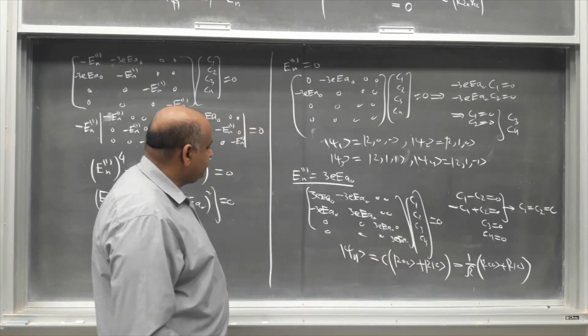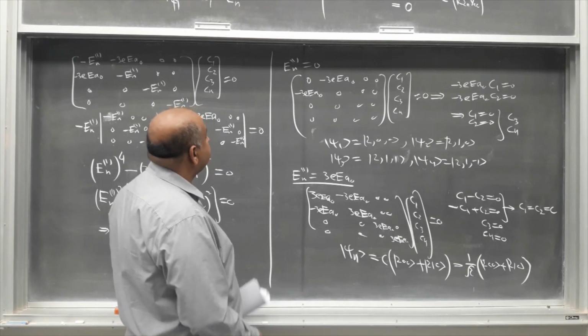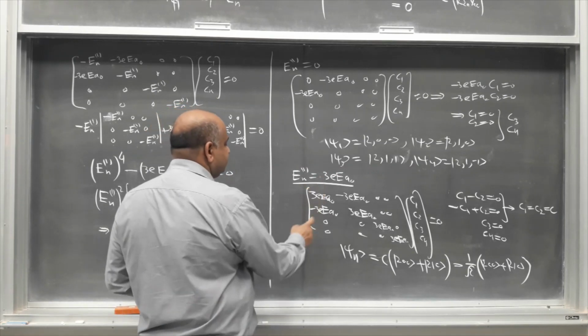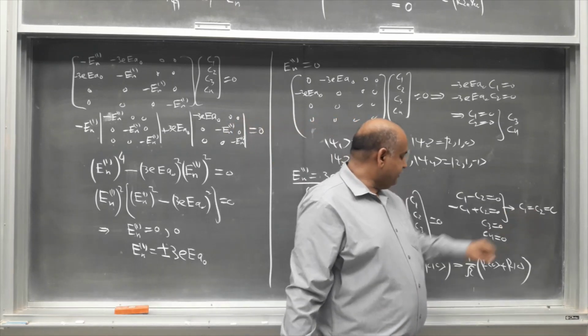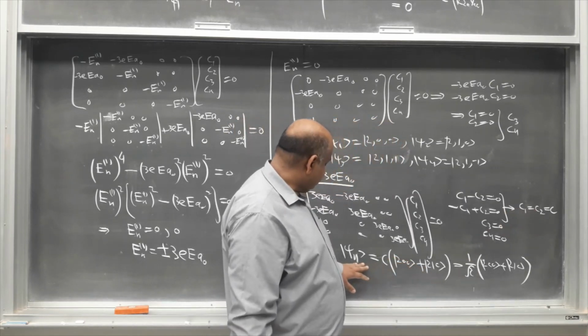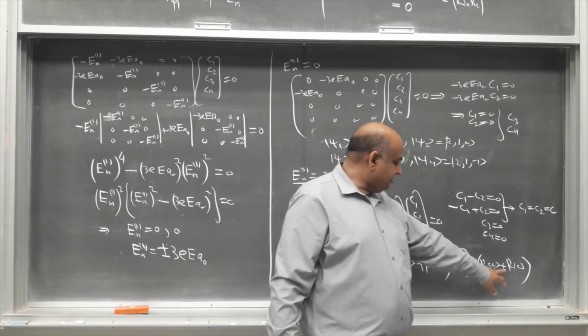By the way, if you do the same thing with the minus 3e a naught, you put minus here, then C1 will be minus C2, and you'll get a similar expression but with a minus sign here.